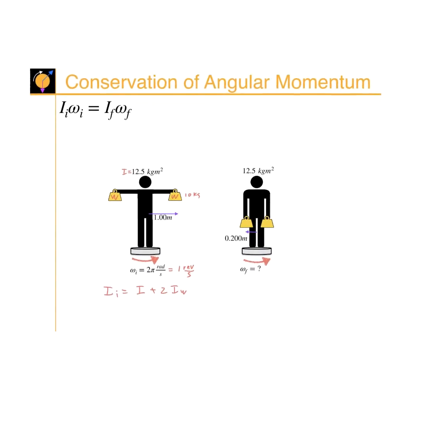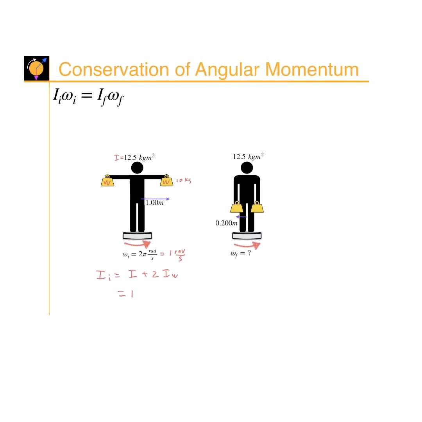So the moment of inertia for the dude is given as 12.5 kilograms meter squared, and then it's 2 times the moment of inertia of the weights. We're going to treat them as little points. So there's 2 of them, their distance r is 1 meter from the center, so it's going to be 2 times mr squared. That's the moment of inertia of a point about an axis of rotation, right?